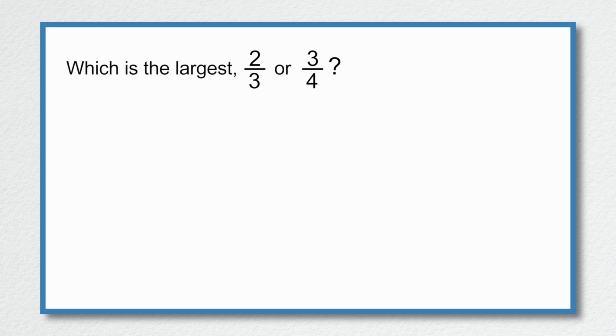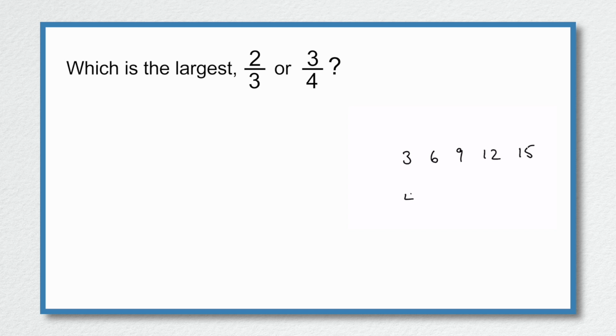Well, this is where we need to know about the lowest common multiple. That is the lowest multiple that is common to both 3 and 4 in this case, as these are the denominators of the two fractions we are comparing. Looking at the multiples of 3, we have 3, 6, 9, 12, 15 and so on.